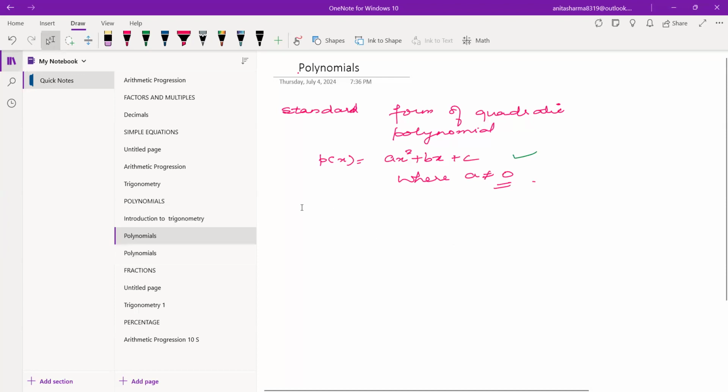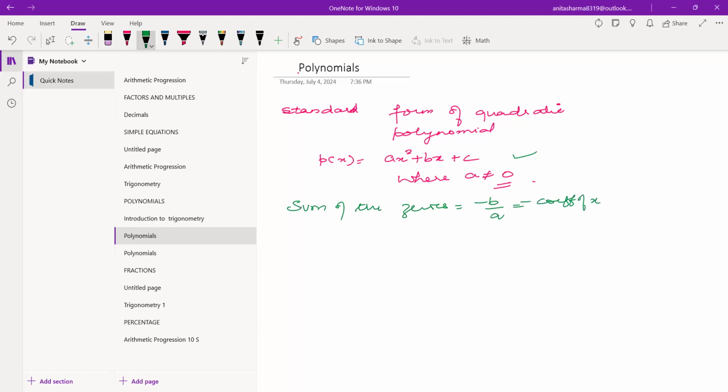Because I'm giving you a quick revision, that's why I'm doing it like this. Now, the next thing is sum of the zeros. The formula for sum of the zeros is minus b by a, or you can write minus coefficient of x divided by coefficient of x square.